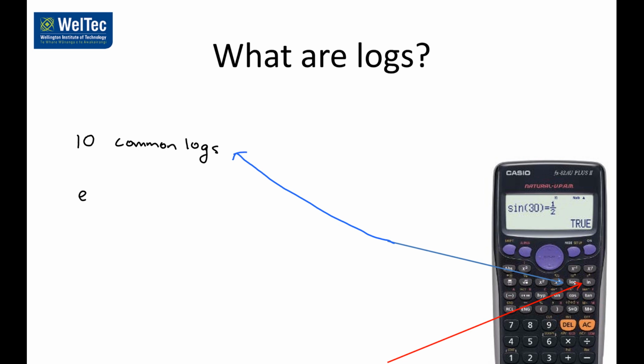And then we can talk about logs to the base e, and we talk about them as being natural logs. That's, remember, where e is approximately equal to 2.72.